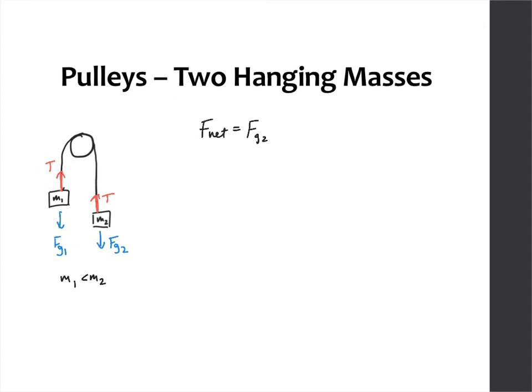The weight of M2 being bigger, it accelerates the system down that side. And that tension force opposite Fg2, well, we're going to subtract that because it opposes the motion. The tension on the other side goes along with the motion because it's helping to pull the other object up. And then we have the weight of the other object, Fg1, opposing the direction of motion.